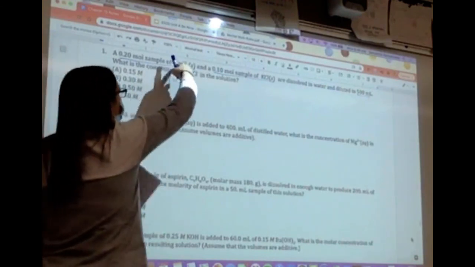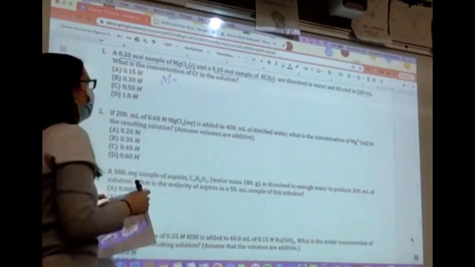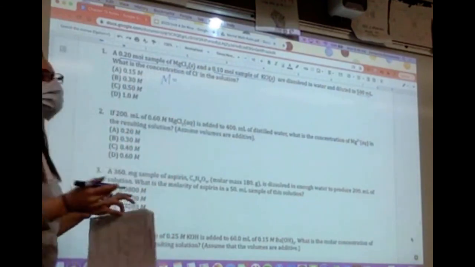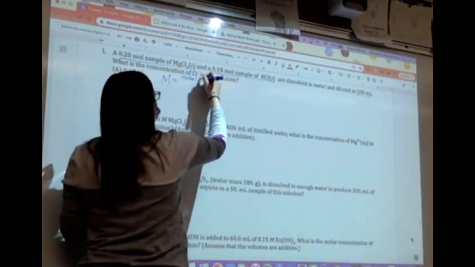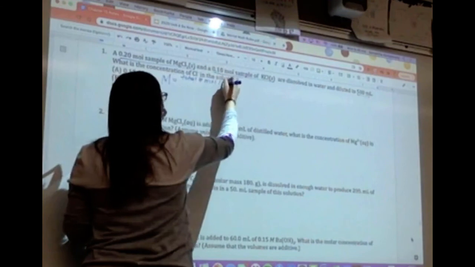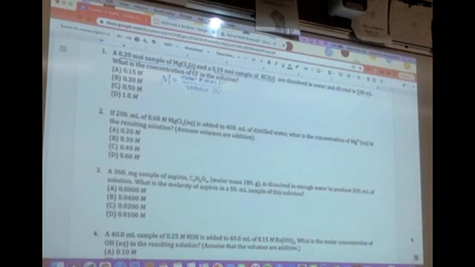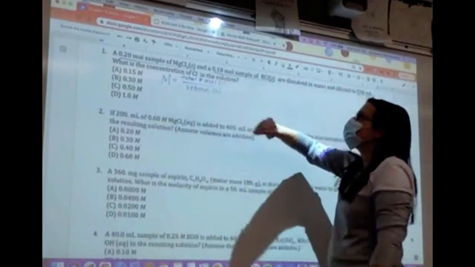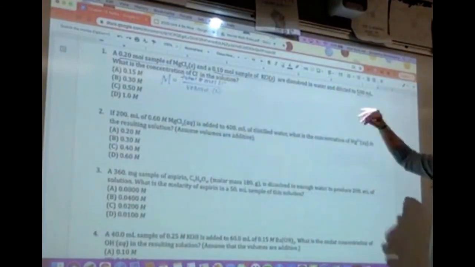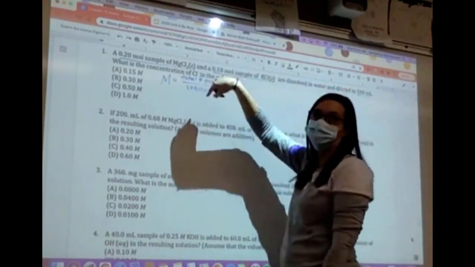Now, we want molarity of Cl minus in the solution. So remember, molarity is moles over liters. So that means I want the total number of moles of Cl minus over the volume of solution. AP likes to ask questions like this where they're asking you about a specific ion.